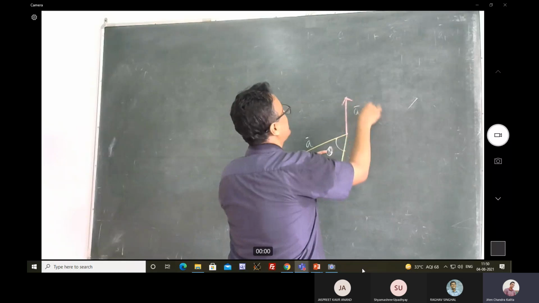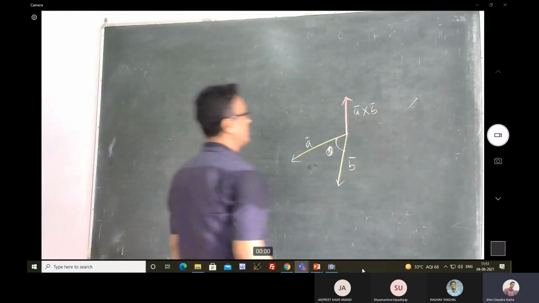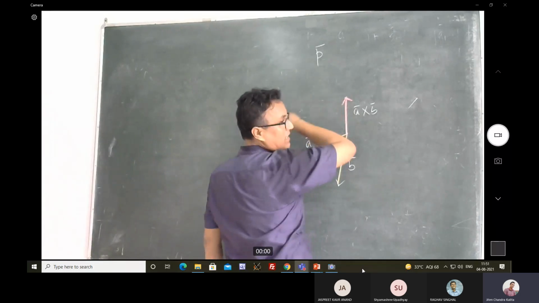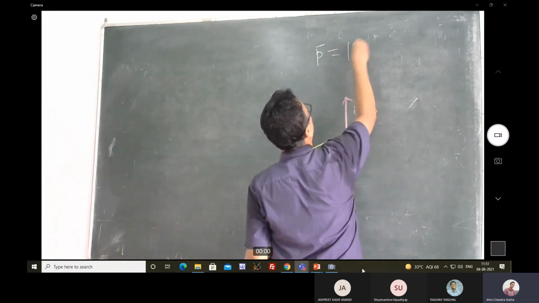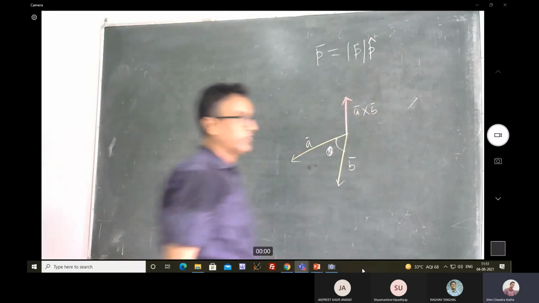Suppose this is A cross B. Any vector P is nothing but the magnitude of P into a unit vector along that.